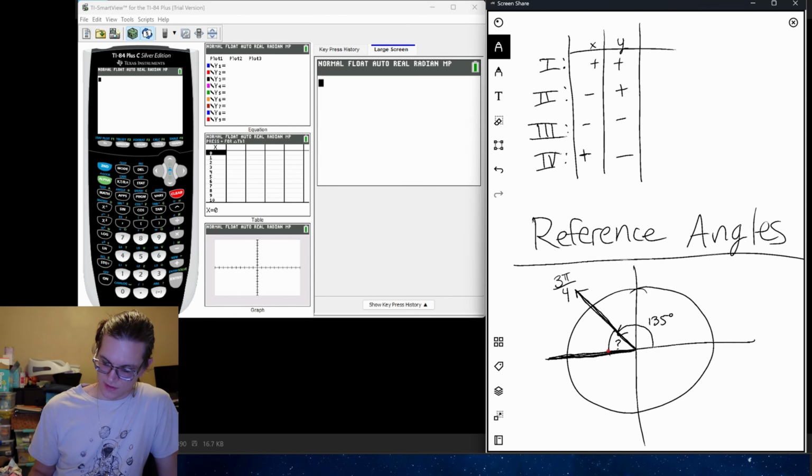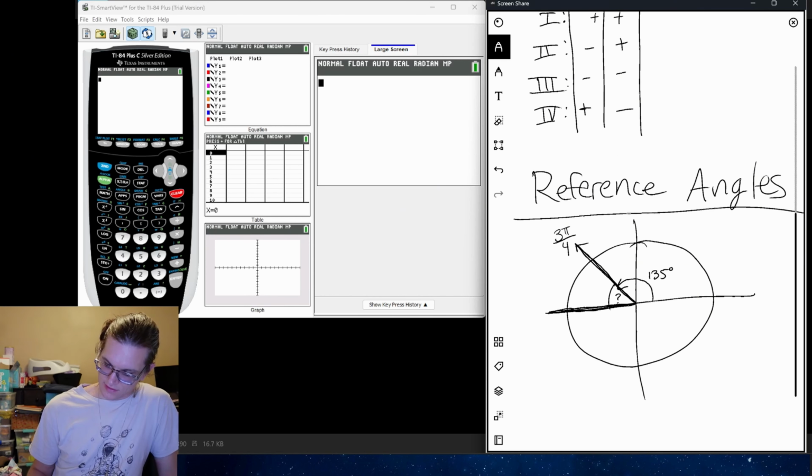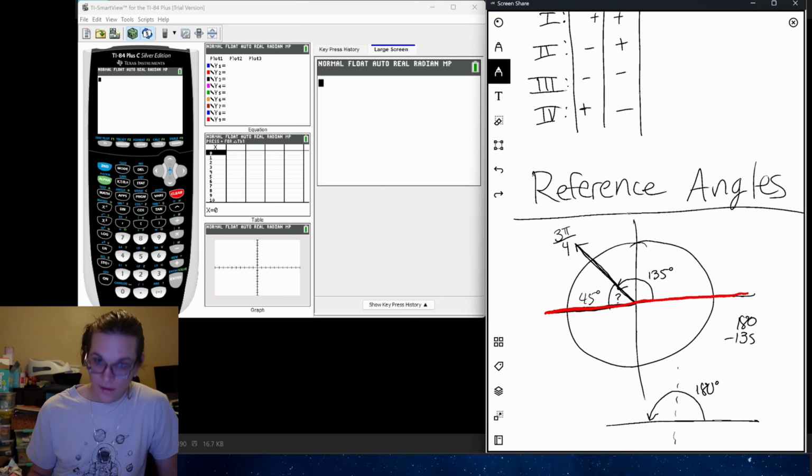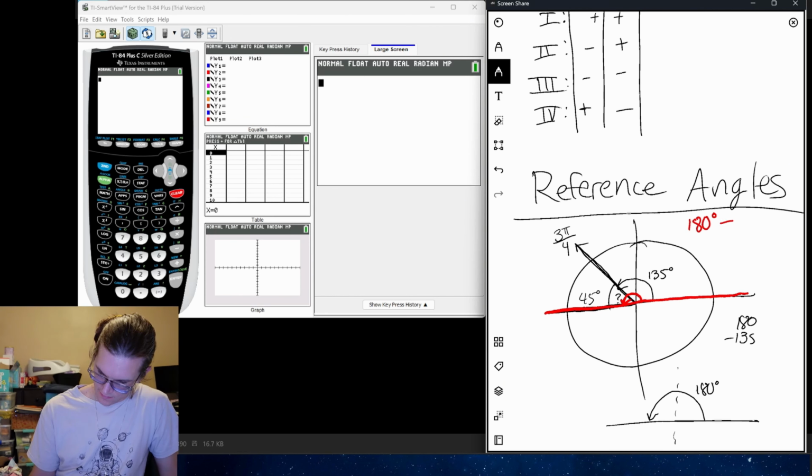They just want to know what this angle is. Our answer is 45 degrees, because this is a straight line, so 180 minus this angle gives us 45.